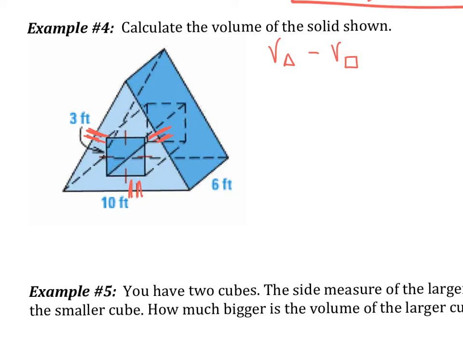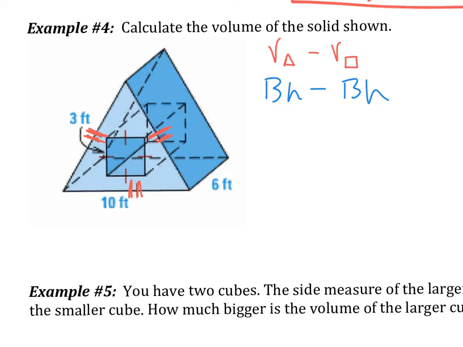Okay, so how do you find the volume of that triangle? We have done this a bunch of times. Well, remember, in order to find the volume, we have to first find the area of the triangle so that we can then multiply it by its height. Because remember, what we're going to do is base times height and subtract base times height.